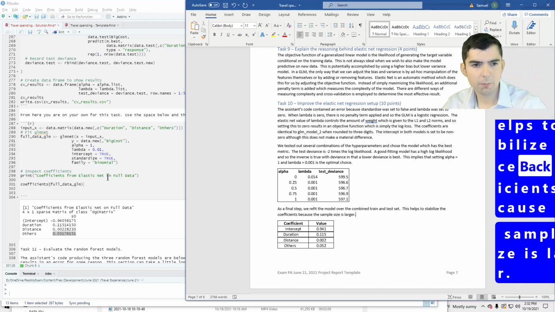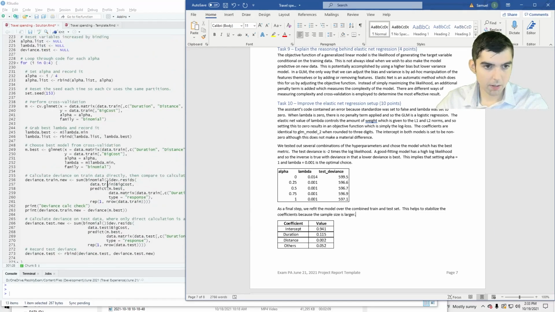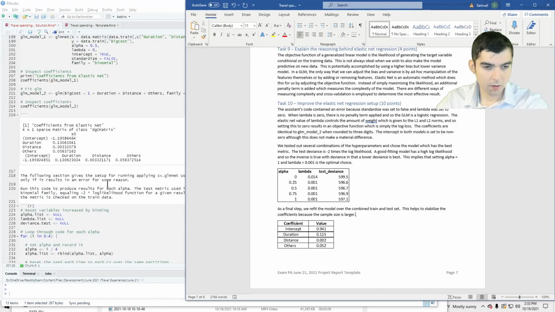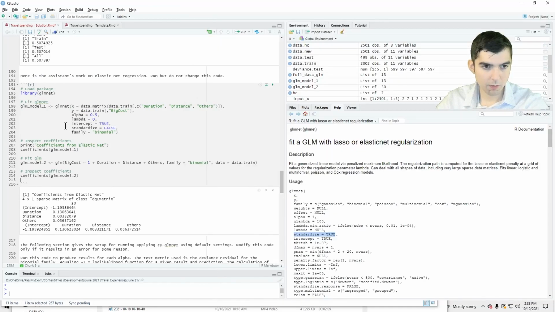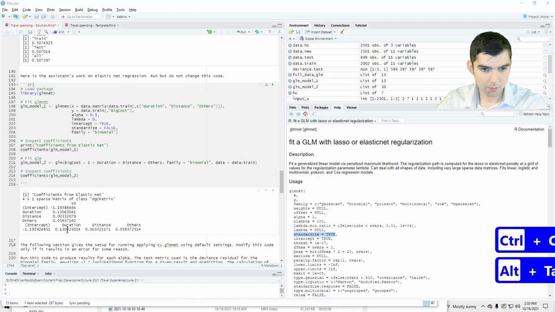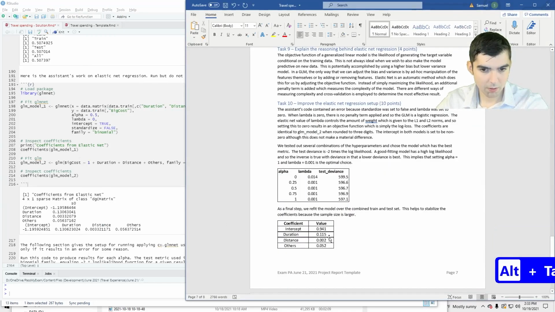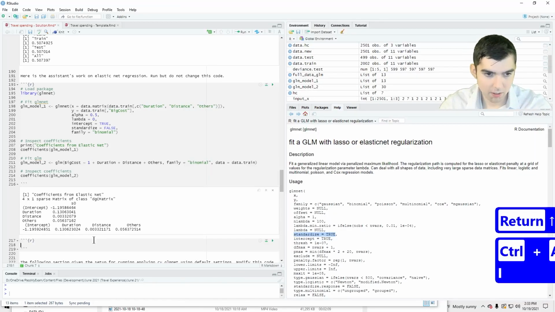Now, I think that this intercept changed. If I look back at this model, oh yeah, if I fit this on the training set, see this intercept was negative 1.9 and duration was 0.13. Distance is similar.